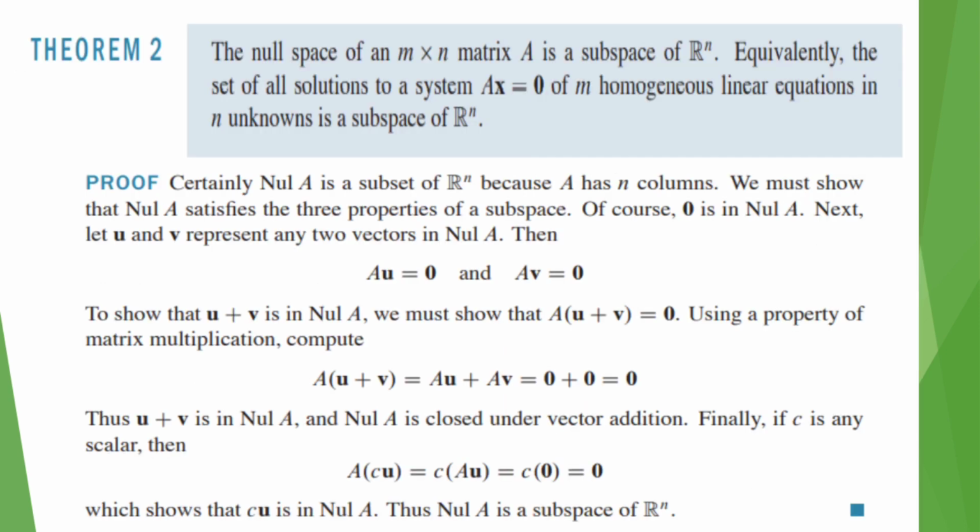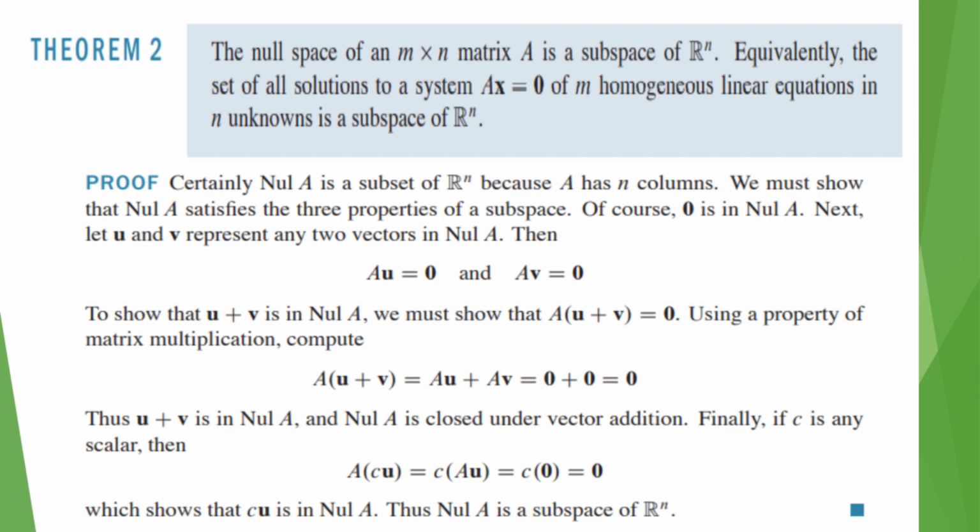Next, the third example of the same model. Here one theorem is there. The theorem statement is: the null space of an m by n matrix A is a subspace of R to the power n. R to the power n means the number of columns, with m rows and n columns here.